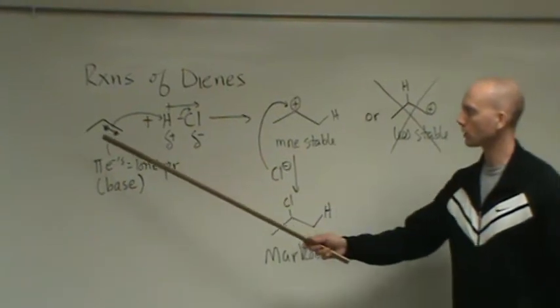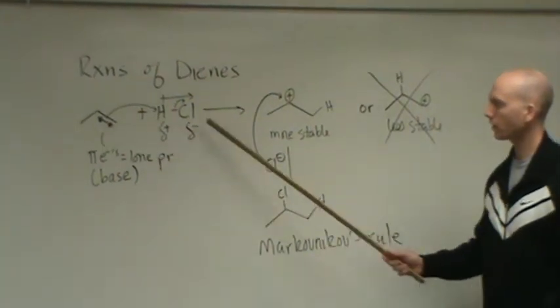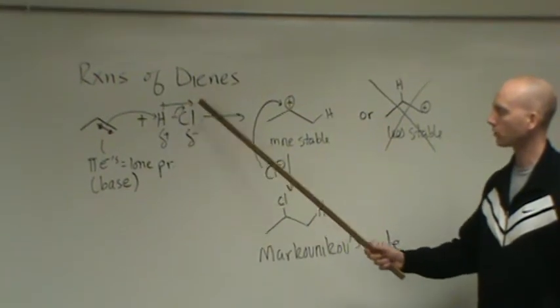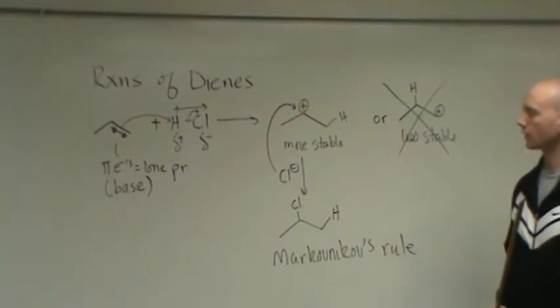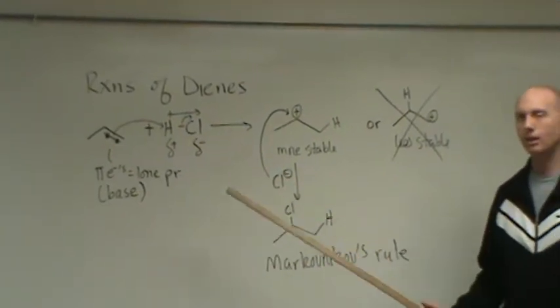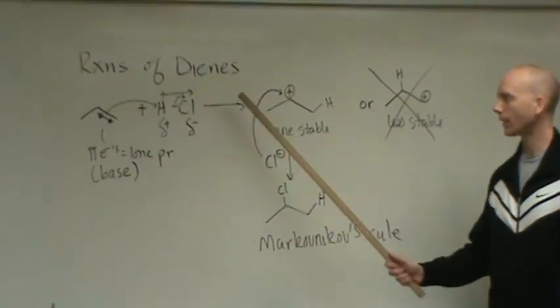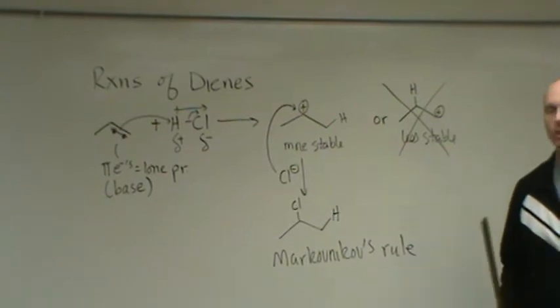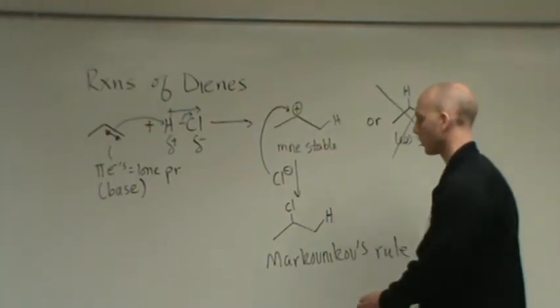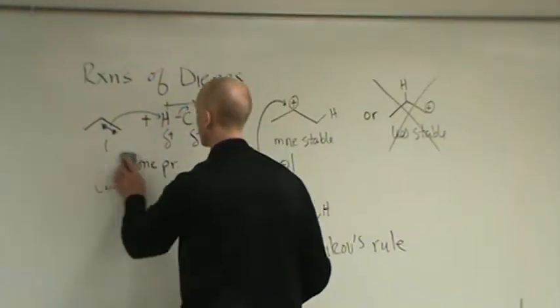And so this was our recollection of an alkene reacting with an electrophile such as HCl. So with this review in mind, let's go ahead and tackle dienes and see how they react. We'll see they react in the exact same way.